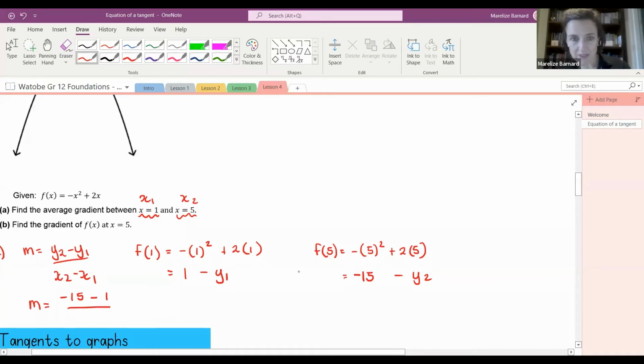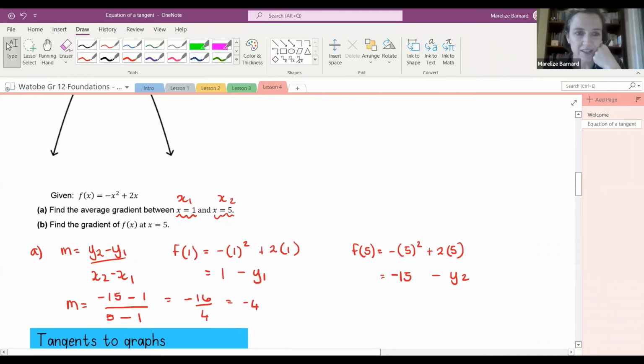So -15 minus 1, my x2 was 5 minus 1. That gives me negative 16 over 4, and this is minus 4. Good stuff. I see some good answers.